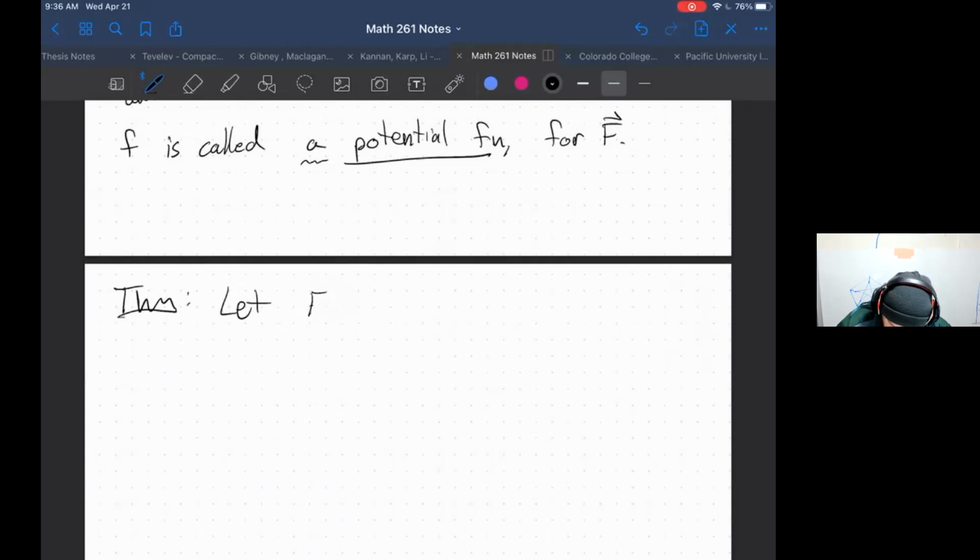Let F be some vector field, and we're going to give it the components M, N, and P. And again, F is a vector valued function of 3 variables. So M, N, and P are scalar valued functions of 3 variables.